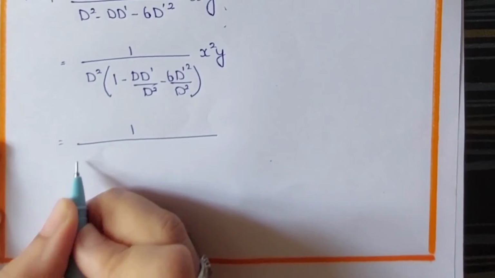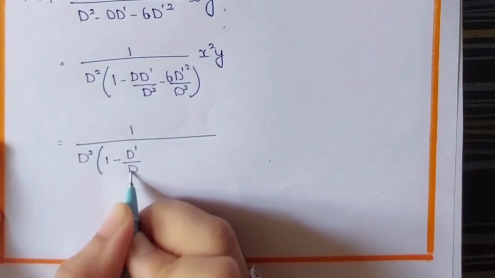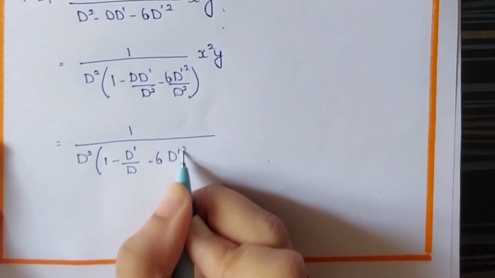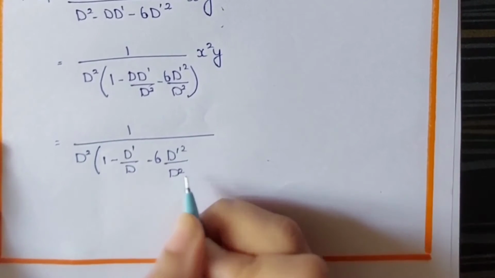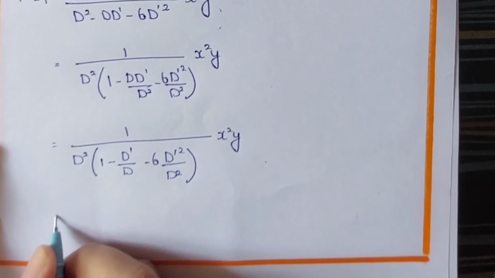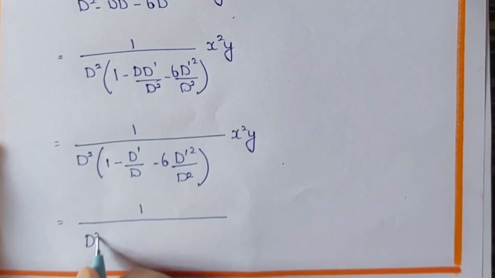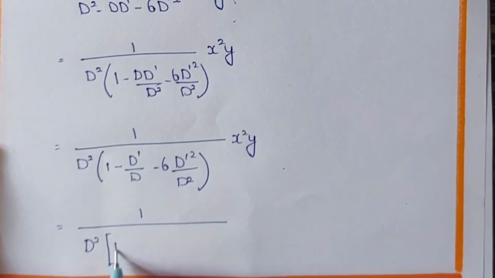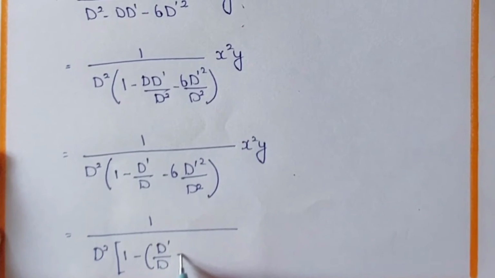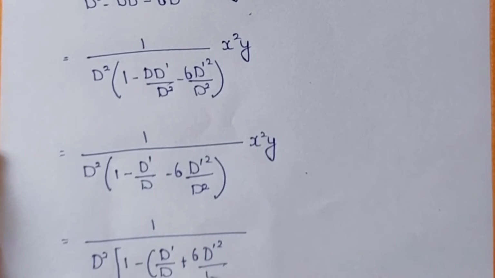In this step, I am going to cancel the D in the numerator and D square in the denominator, so that I can write it as 1 minus D' by D minus 6D' square by D square. In this step, I am going to take the common minus sign outside from D' by D and 6D' square by D square, so that I can write it as 1 minus (D' by D plus 6D' square by D square).